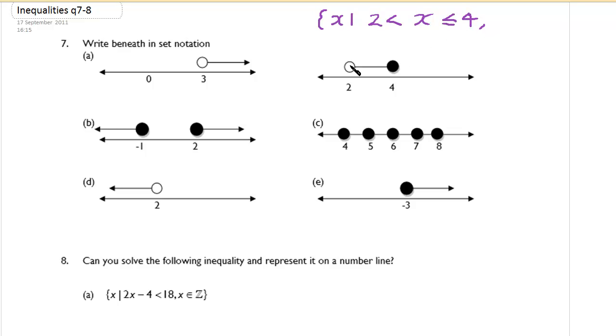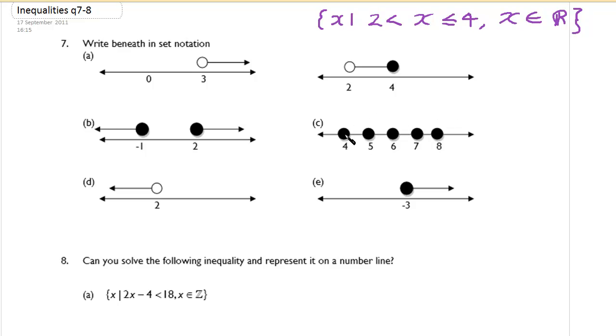But now, because it's a continuous line, x must be a member of the reals for that to happen. Okay, real numbers. Remember, all real numbers are all numbers that can be drawn on the number line. Let's just look at this one here now.